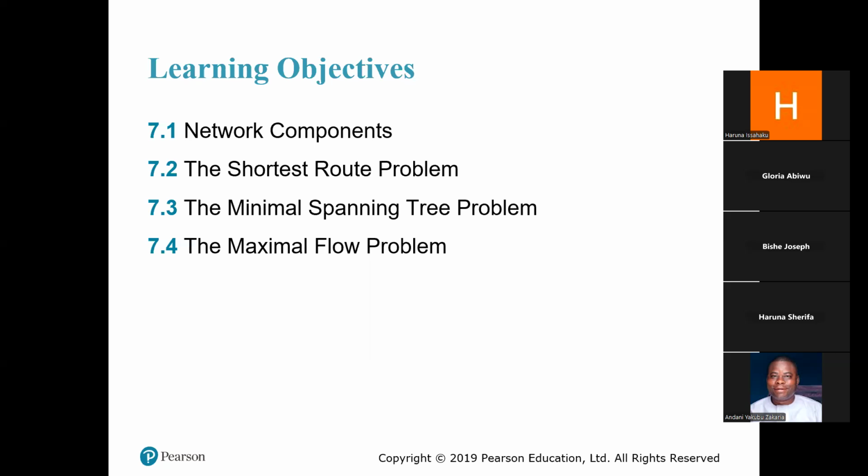So what do we want to learn today? First, we'll look at the network components, the components of a network flow model. Then, generally speaking, there are three main types of network flow models.